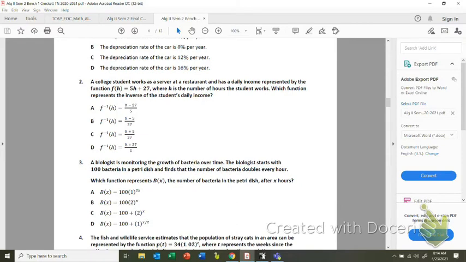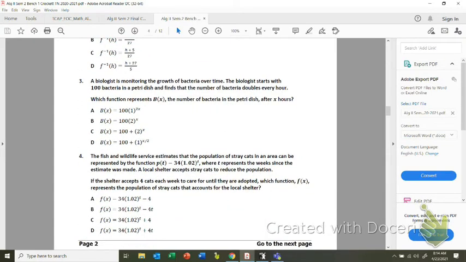All right, number 3 says a biologist is monitoring the growth of bacteria over time. The biologist starts with 100 bacteria in the petri dish and finds that the number of bacteria doubles every hour. What does the word double mean? Multiplies by 2.